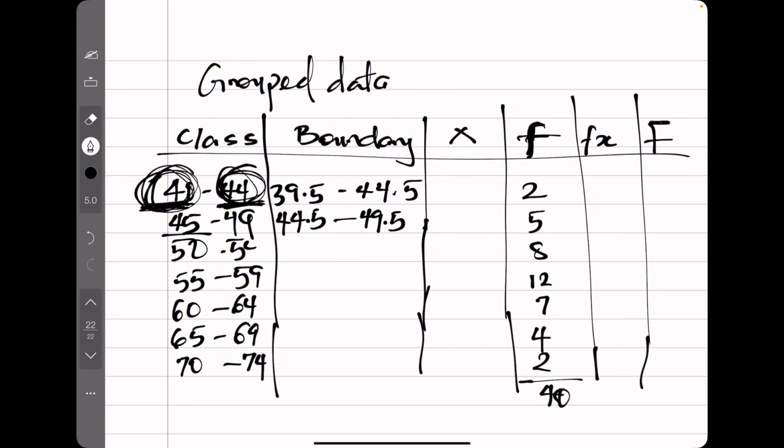But you will notice a very funny irony here. The 44.5, which is the upper class boundary for the first row, happens to be the lower class boundary for the next row. What a funny irony. And the upper class boundary for this current row will be the lower class boundary for the next one.